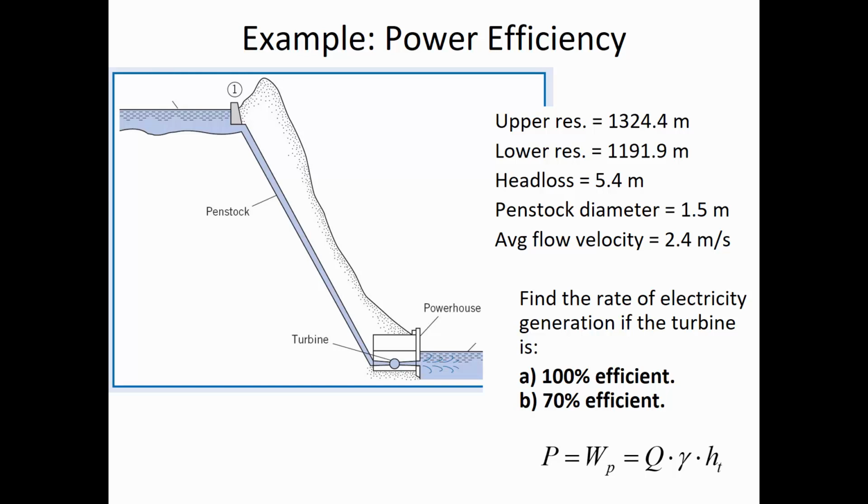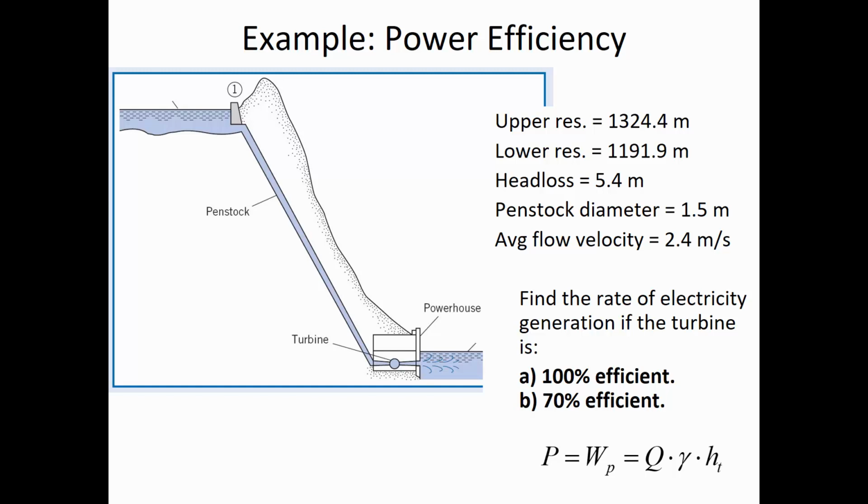So P1 divided by gamma plus V1 squared divided by 2g plus Z1 plus H sub P is equal to P2 divided by gamma plus V2 squared divided by 2g plus Z2 plus HL plus HT.